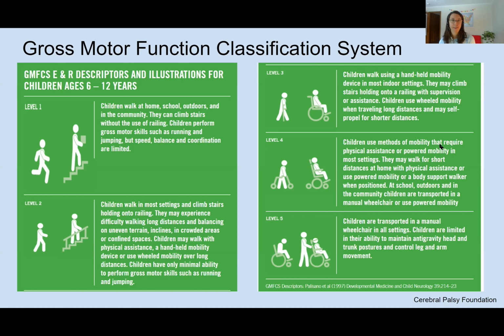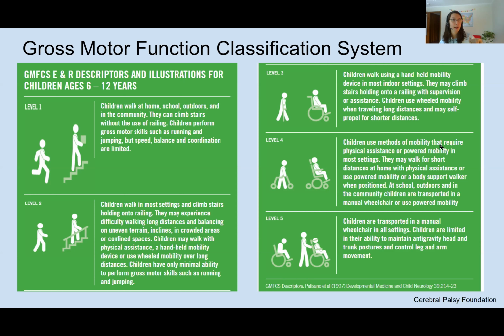So in terms of manifestation of CP, as I mentioned, it's different for everyone. We can look at certain areas. This graphic focuses on gross motor function. It ranges from children being able to walk at home, not having to use railings on stairs, performing gross motor skills such as running and jumping, but the speed, balance, and coordination might be limited.